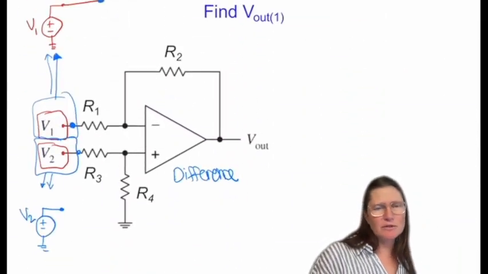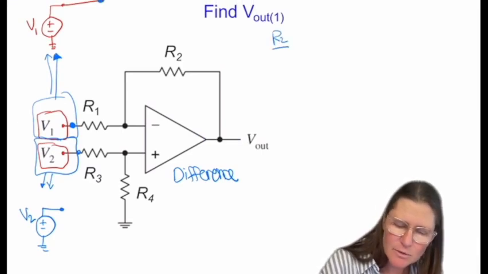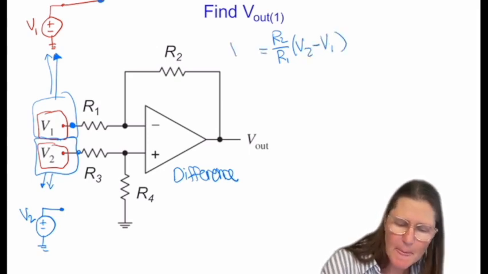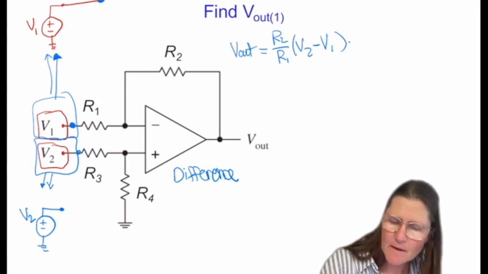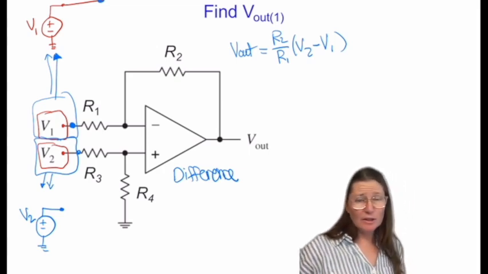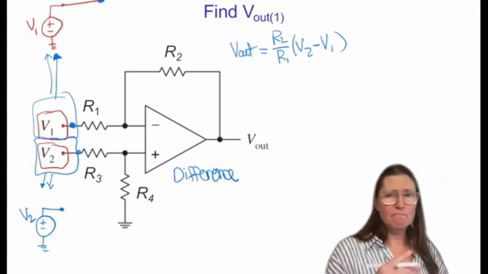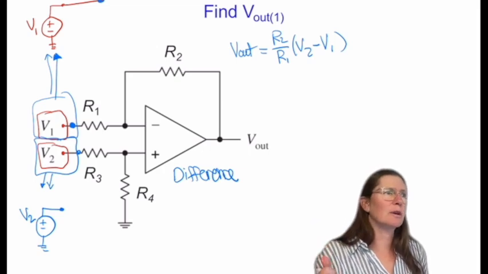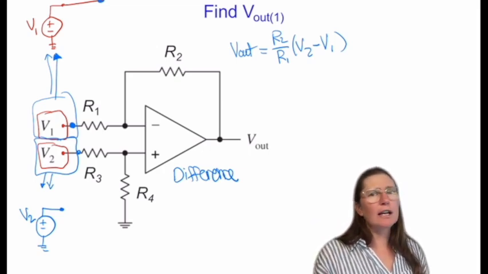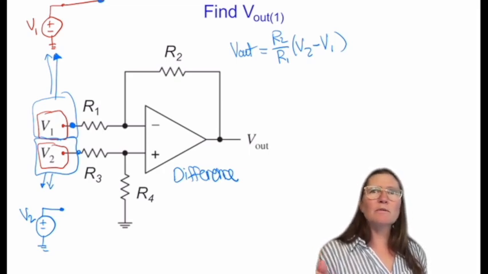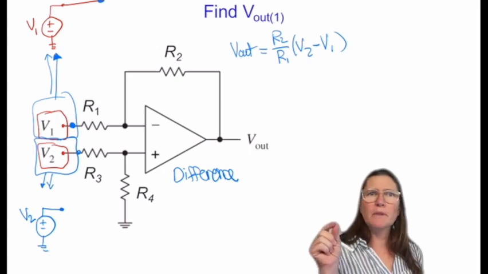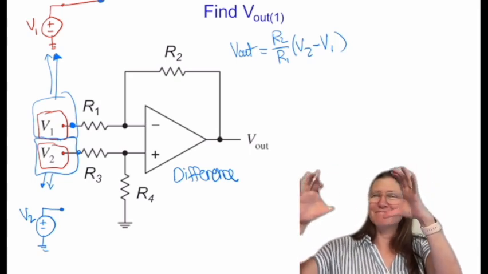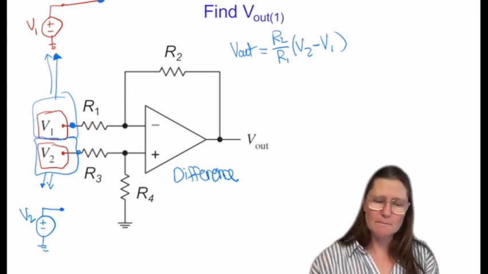So two different signals, let me write this, R2 over R1 times V2 minus V1. So V out is equal to R2 over R1, V2 minus V1. So it takes the difference and then amplifies it based on the values of R2 and R1. So if R2 was 100K and R1 was 10K, this would amplify that difference by 10. Does that make sense?